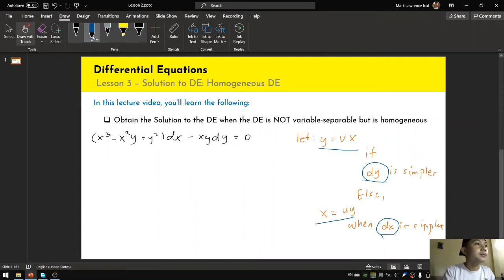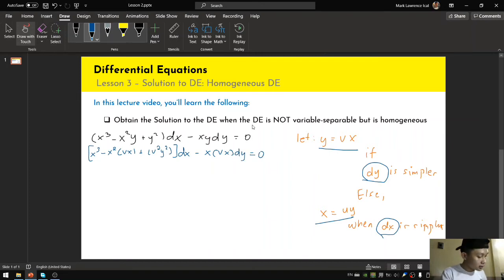Okay. So, let y is equals to vx. So, lahat ng y magiging vx. Okay? So, it's gonna be x cubed minus x squared vx plus v squared x squared, okay, dx minus x vx dy is equals to 0.